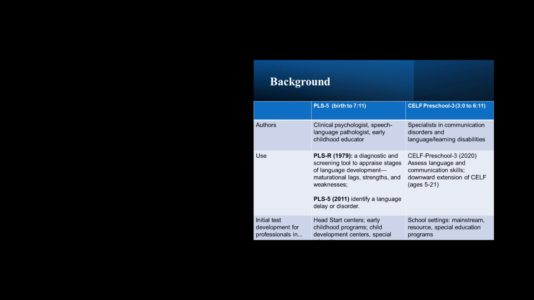But in the early 90s, when legislation expanded services for preschoolers, they worked on a downward extension of CELF to produce the original CELF Preschool, which was the beginning of this version of the test.